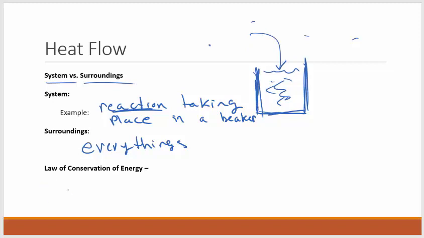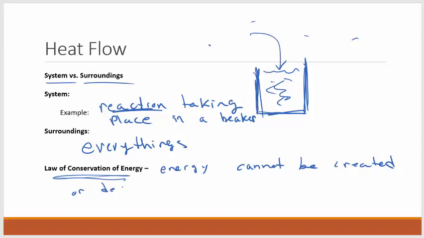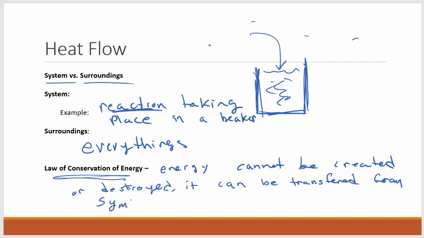All right, so the way we can calculate this is by using what we call the law of conservation of energy. It states that energy cannot be created or destroyed, it can only be transferred from one system to another.